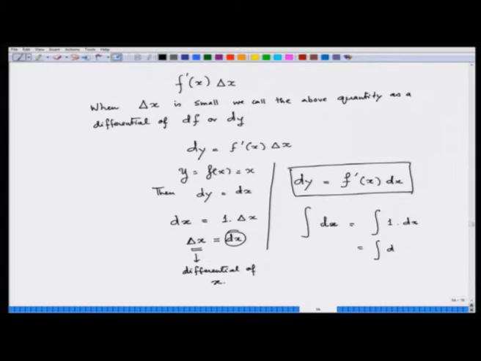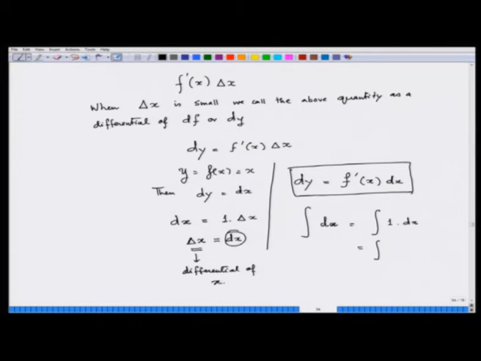Basically, I find a function whose derivative is 1 in this case. That is why this symbolism of integral of dx actually means you are integrating a function.